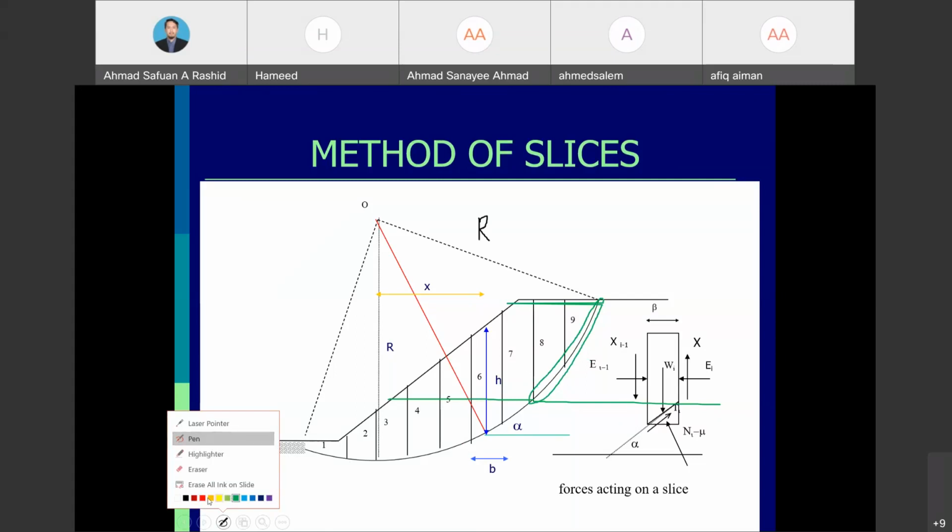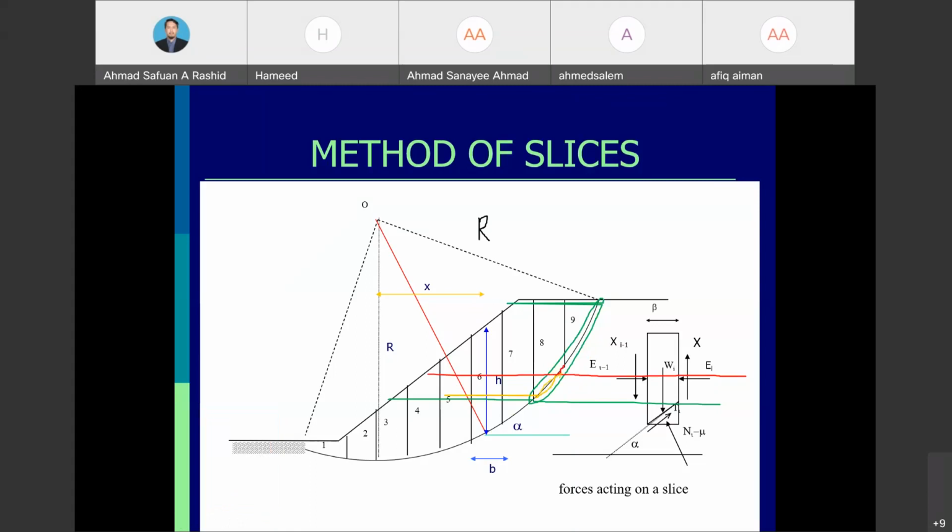Do not, for example, let's say this is the difference between the second and first soil, so this part is covered by soil number 1, while this part is covered by soil number 2.